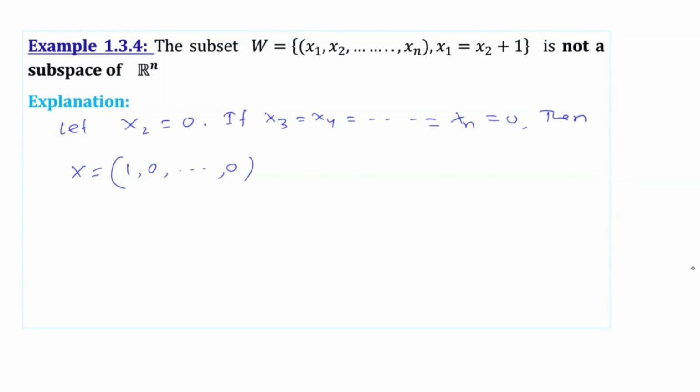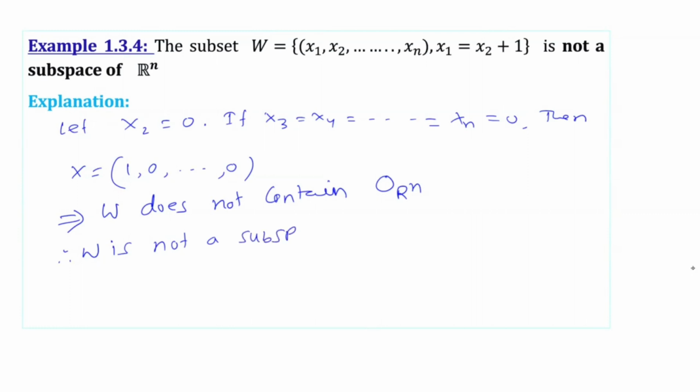So the zero of Rn, with all entries 0, is not in the set W. W does not contain the zero of Rn, so we can conclude that this is not a subspace of Rn.